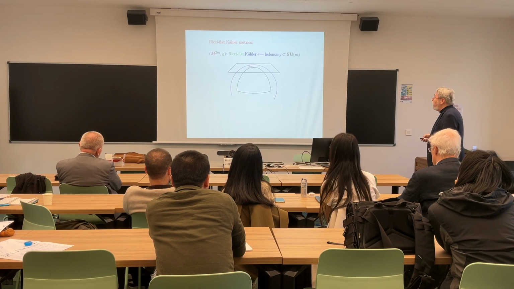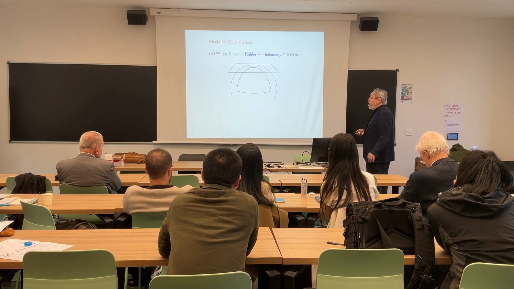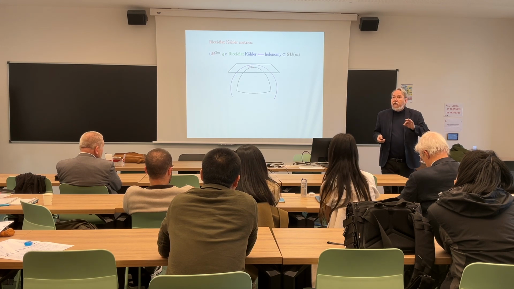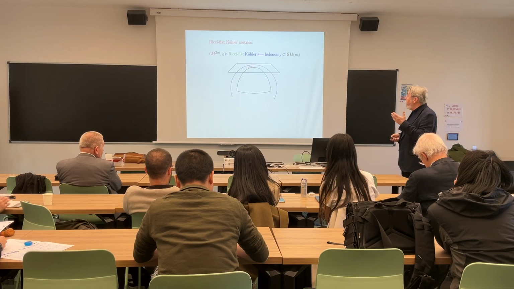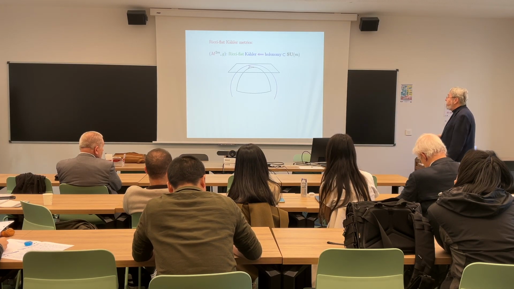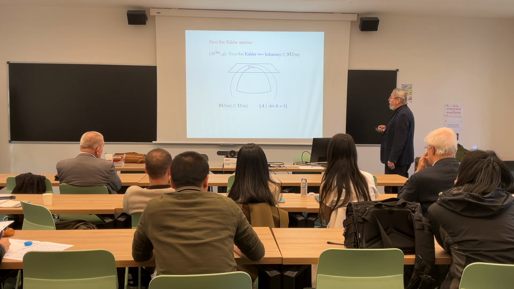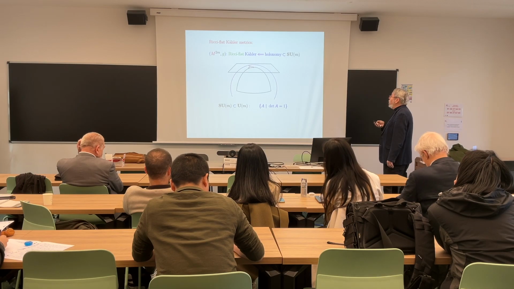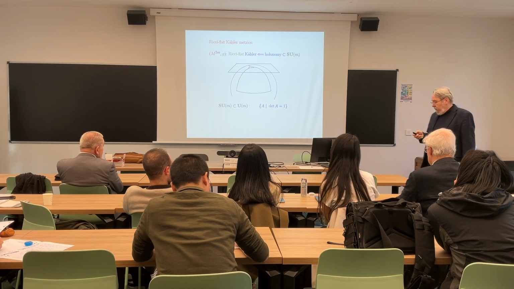But what about Ricci flat Kähler metrics? If the Ricci tensor vanishes, we just saw that the curvature of the canonical line bundle is determined by the Ricci tensor. So in fact, if the holonomy is in SUM, then your metric is Ricci flat and Kähler.